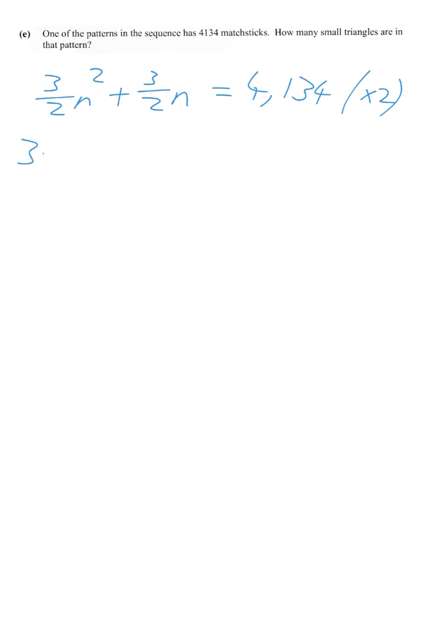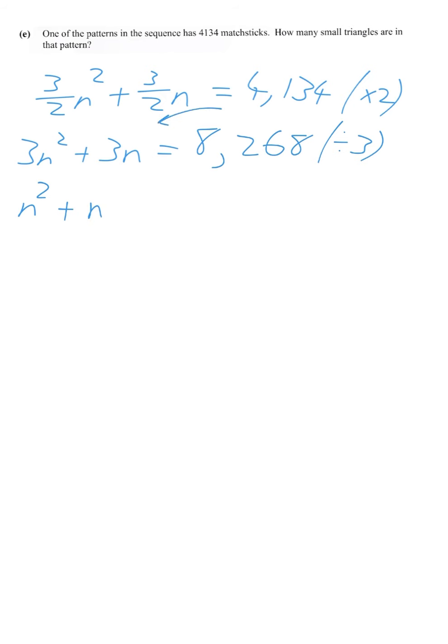So we have 3n squared plus 3n is equal to 8,268. Now I can divide by 3 as well. So I'll have n squared plus n minus 2,756 equal to 0.